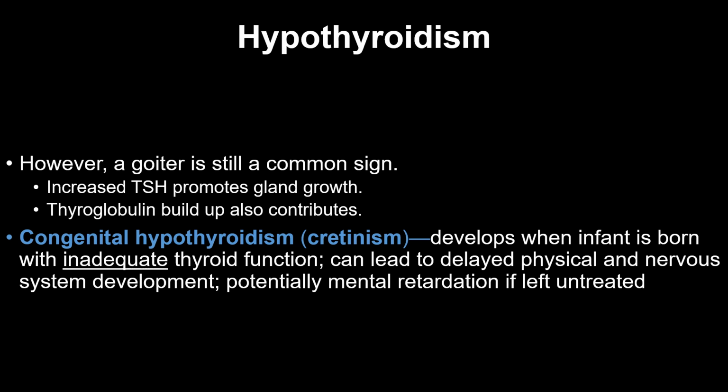This develops when an infant is born with inadequate thyroid function. If untreated, this is going to result in delayed physical and nervous development and then eventual intellectual disability. Congenital hypothyroidism is completely avoidable with an early diagnosis and treatment, and so for this reason, infants are screened for hypothyroidism at birth.